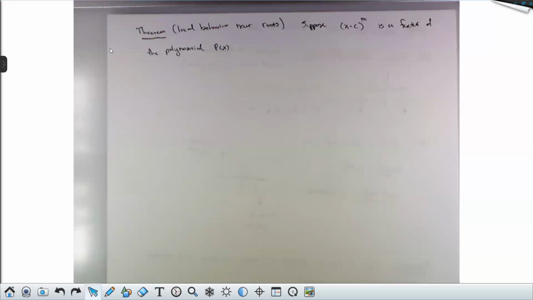This means, when you factor p all the way, this term like x minus 2 or x minus 5 or whatever shows up with a certain power. This power is called the multiplicity.